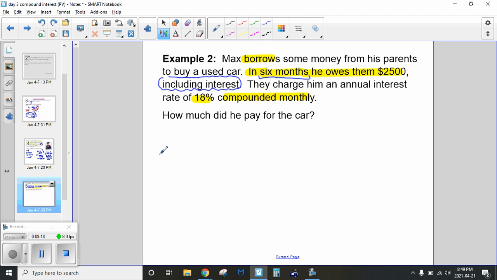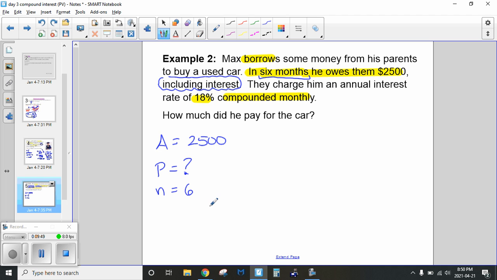Okay, so in this question, the final amount of money that he's going to be paying back is $2,500. Part of that is the principal that he borrowed. Part of that will be interest that has been added on top. The principal is unknown. The number of compounding periods: this is compounded monthly for 6 months.